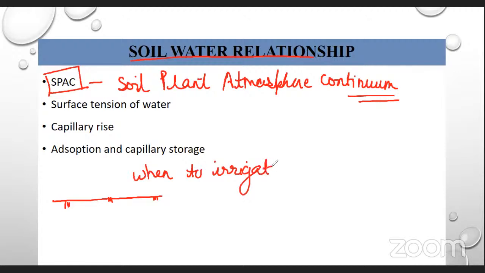If you are having plants at your home in your garden or anywhere, usually father or mother used to tell us, don't irrigate in the afternoon. Don't give water to the plants in the afternoon.